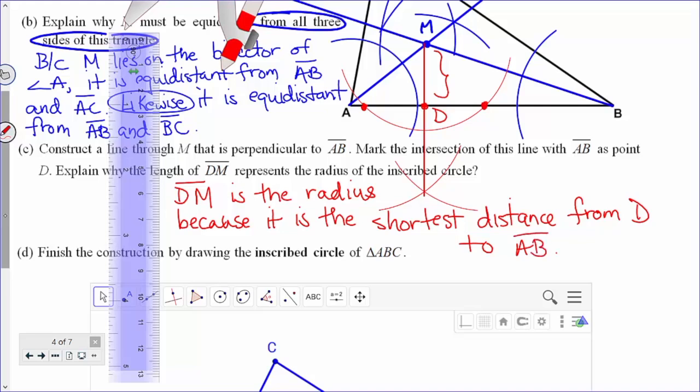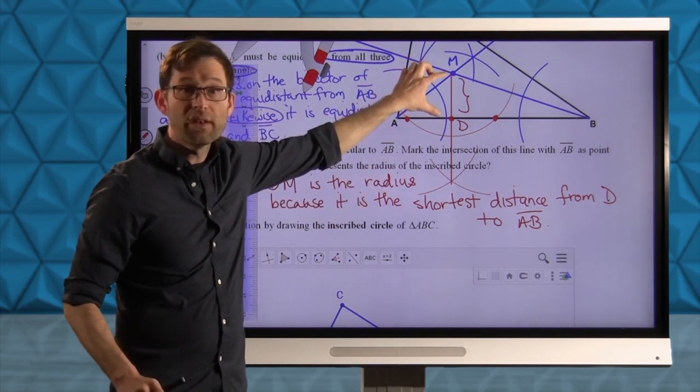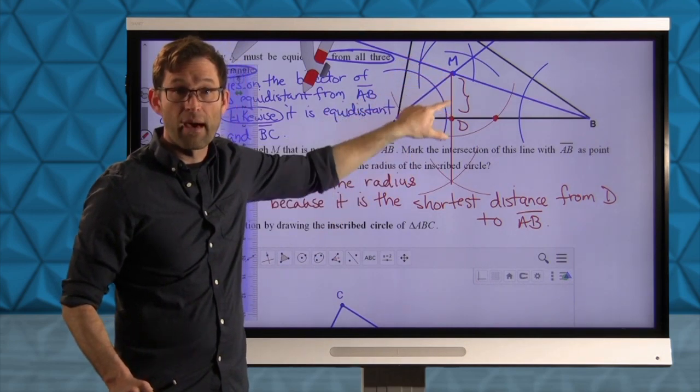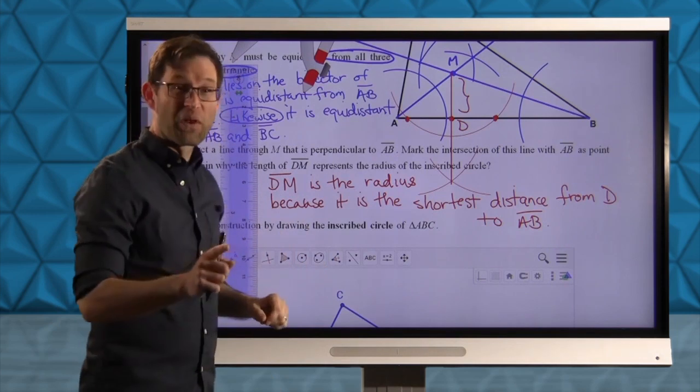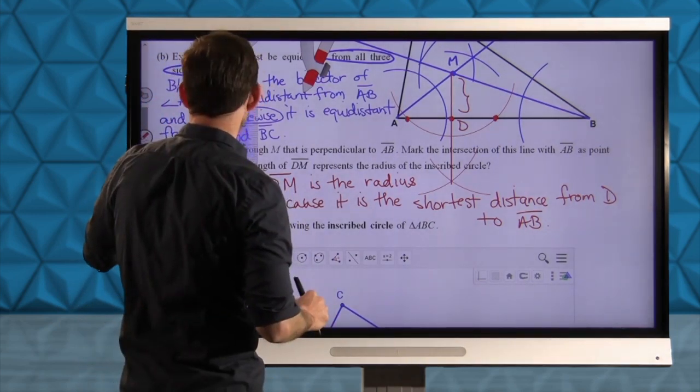Remember, the shortest distance from any point to a line segment is the perpendicular distance from that point to the line segment. So now, let's see how good of a job I did.